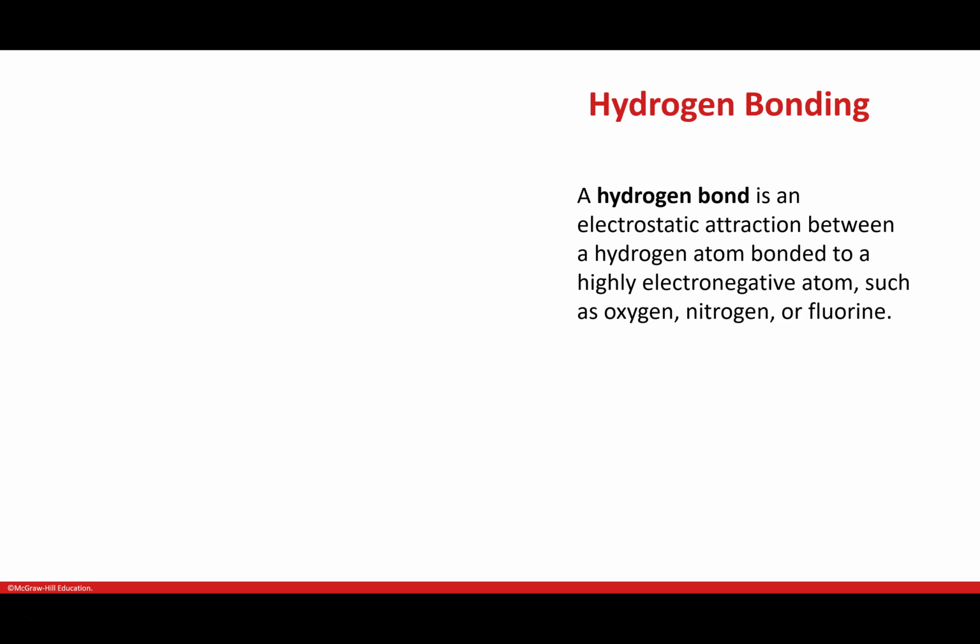So my point was that with regard to this type of bond, I don't think you need your notes for this one. I'm going to pick on you, Autumn. Is this a covalent or an ionic bond right here, between this oxygen and this hydrogen? Covalent. It is covalent, perfect.